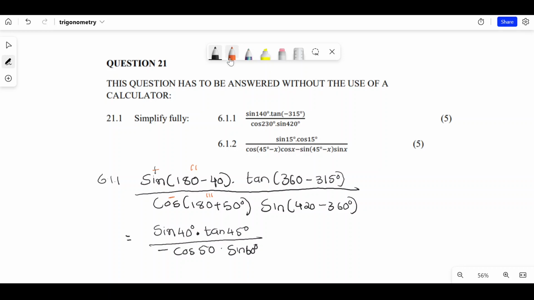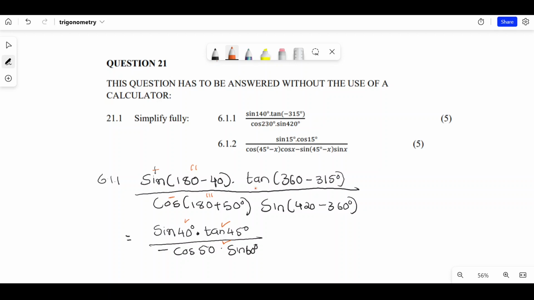So the mark is for this step where you have written this. Because it's only 5 marks, you may not get a mark for everything, but maybe 3 marks maximum here.